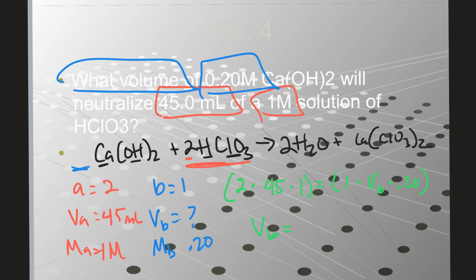So by solving for VB, I have 2 times 45 times 1 over 1 times 0.20. When you put this in the calculator, I got VB is equal to 450 mL of your calcium hydroxide. Alright, so that's that.